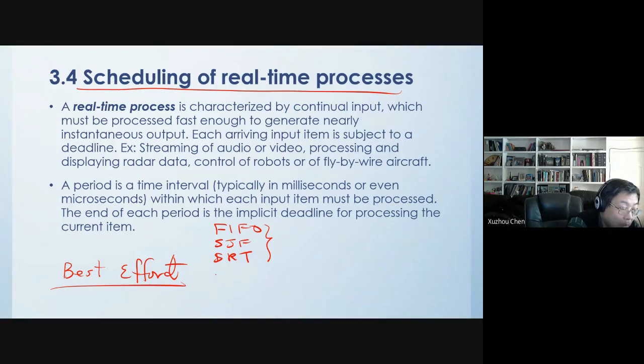Now, for the interactive system, we talked about round robin. Round robin is pretty fair, because it allocates the same amount of time for each of the processes, and this amount of time is called the time quantum.